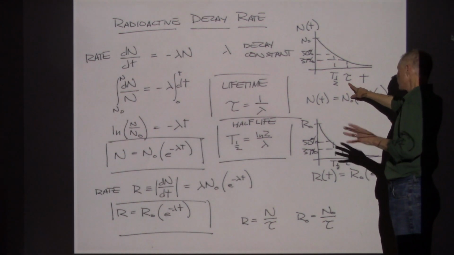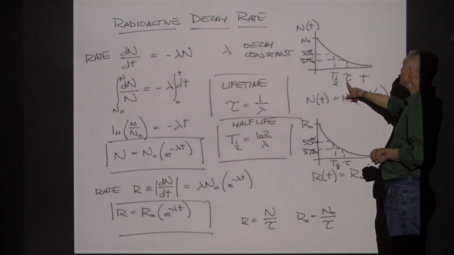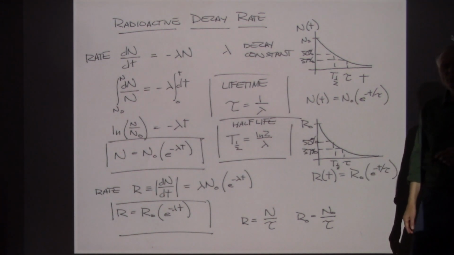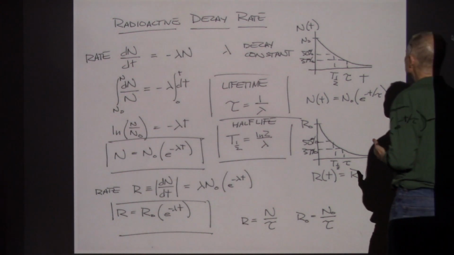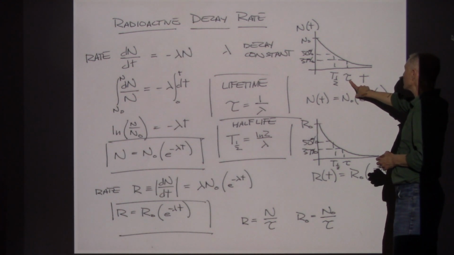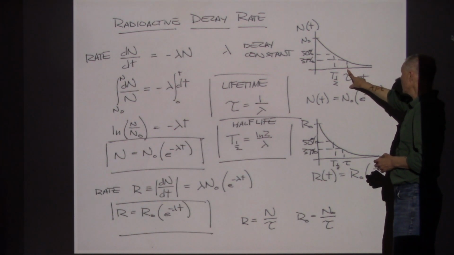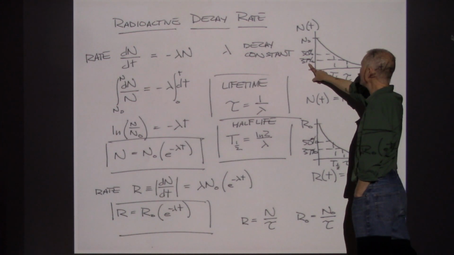Another way of keeping track of timing, we can use the half-life or we can use the lifetime. Now the lifetime we used back when we were looking at circuits, RC circuits and RL circuits, where we had a time constant, and we can also use that here. In this application it's referred to as a lifetime. If you remember, one lifetime, 1 tau, is when we have dropped down to 37%.